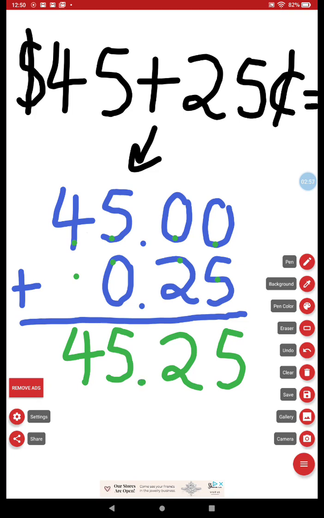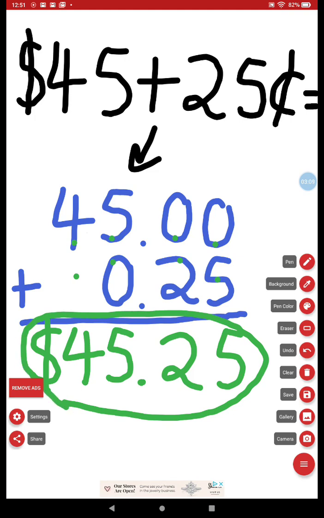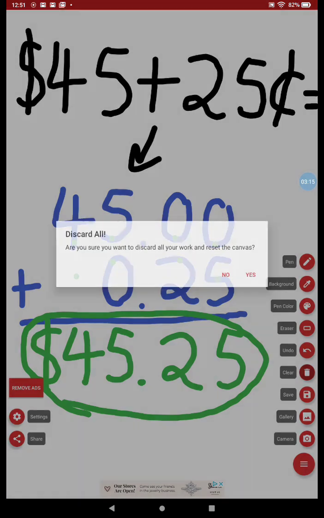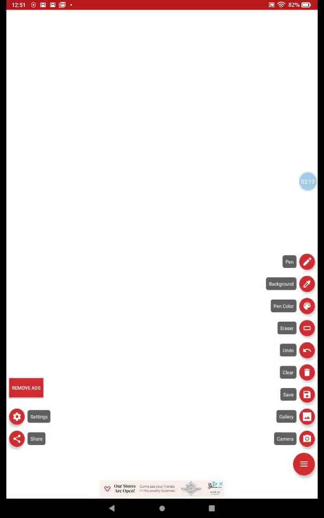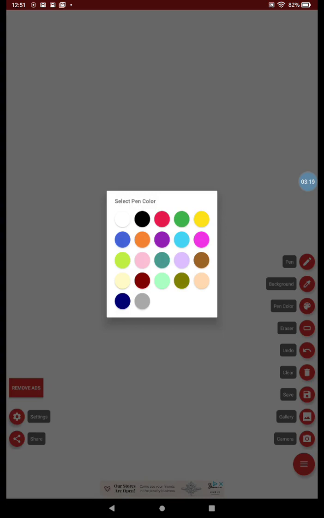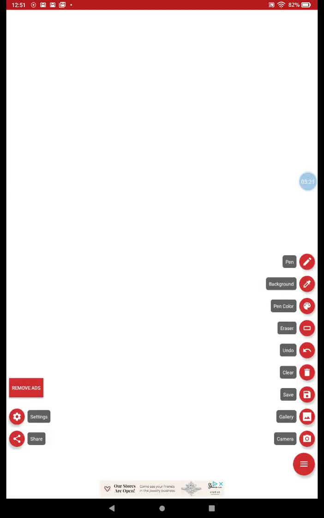I got 45 and 25 hundredths, but since I'm talking about money, put the dollar sign out front. I have $45.25. So $45 plus 25 cents gives me $45.25.